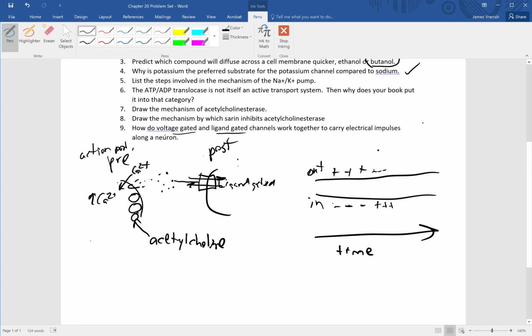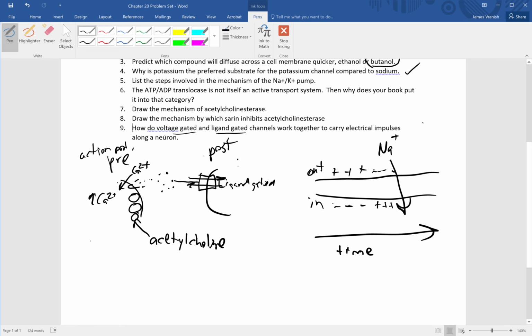This is caused by the ligand-gated channels, but as soon as our sodium ion channels see this, the Na channels are going to open up, and as a result, they allow sodium ions to flood in. So initially, the depolarization happens due to the ligand-gated channel.